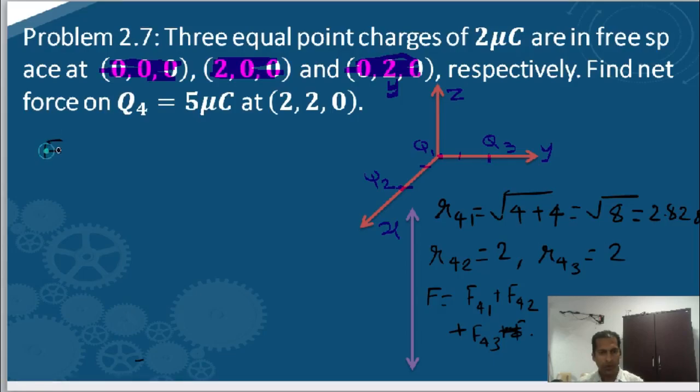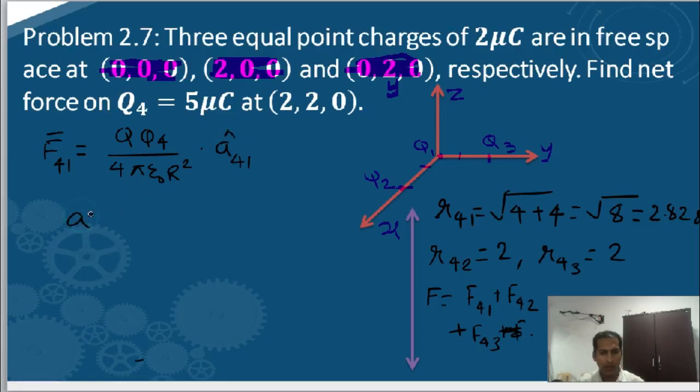So from Coulomb's law, the force between point 1 and 4 will be given as Q into Q4 divided by 4 pi epsilon naught r square, into a41 cap.